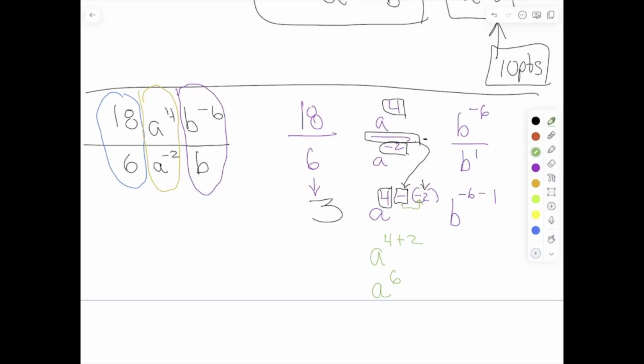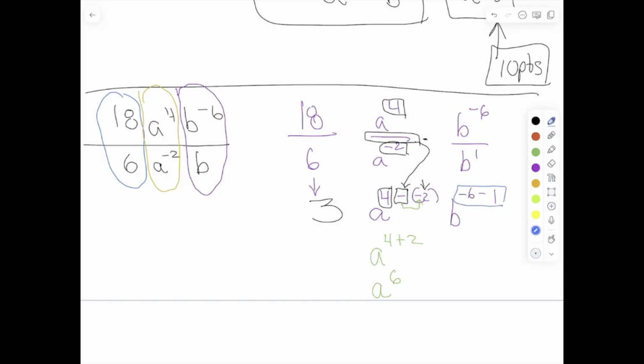Now, the reason why it's a negative and a negative is because the negative is in the denominator. Does b have a negative in the denominator? No. And because of that, it's not a negative and a negative, it's a negative and a positive, which become a negative.